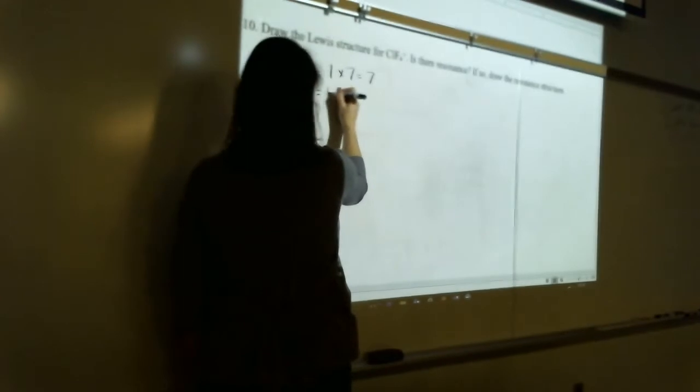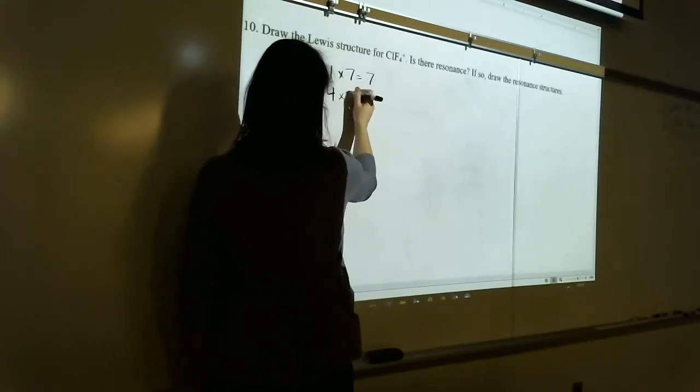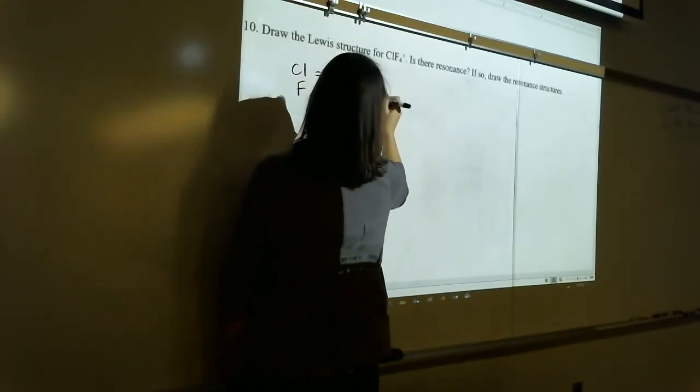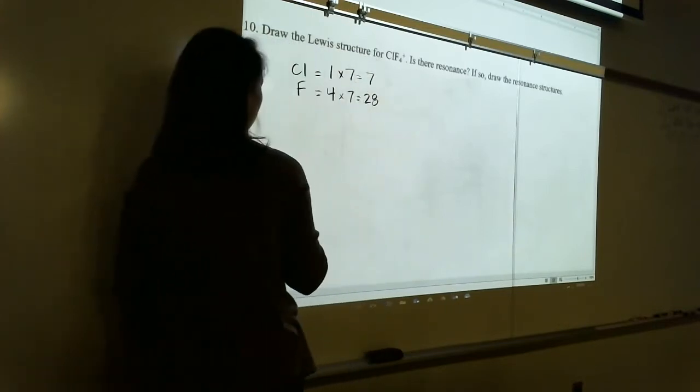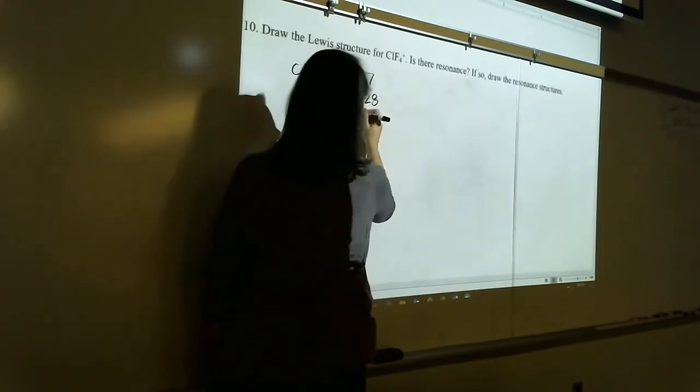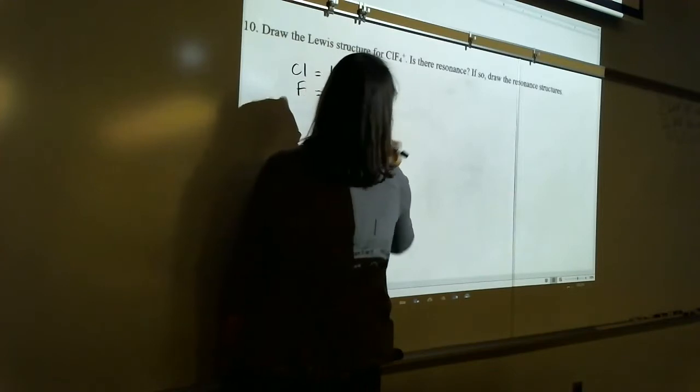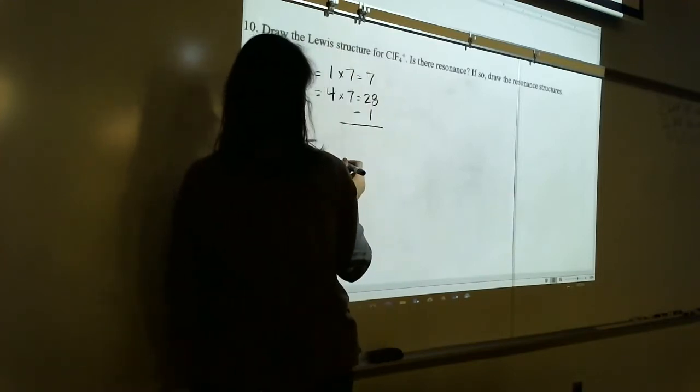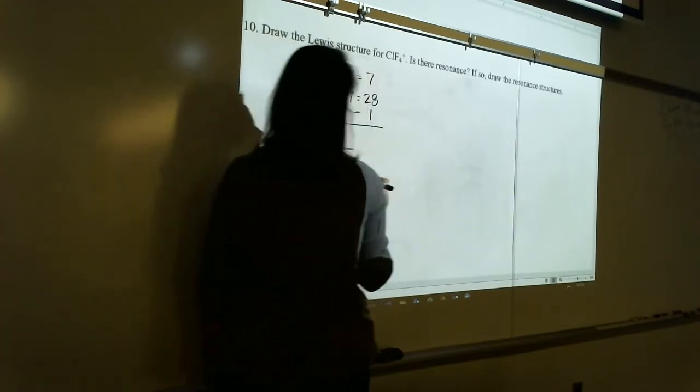How many does each fluorine have? What do I do for that charge? Subtract 1. Wait, 4 times 7? Is that 28? Yes. Sorry. Okay, so what's my sum?